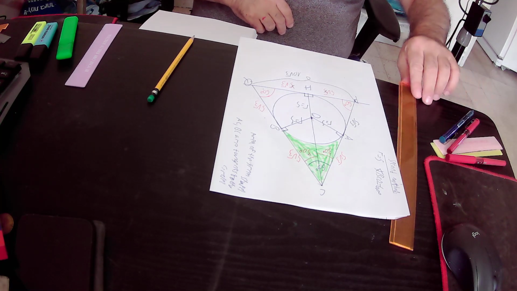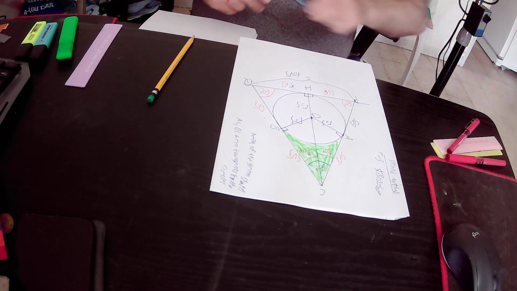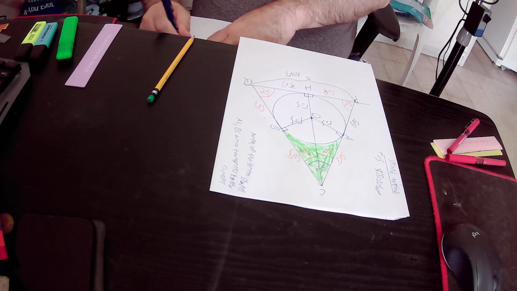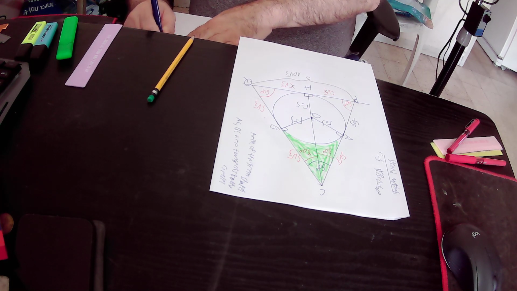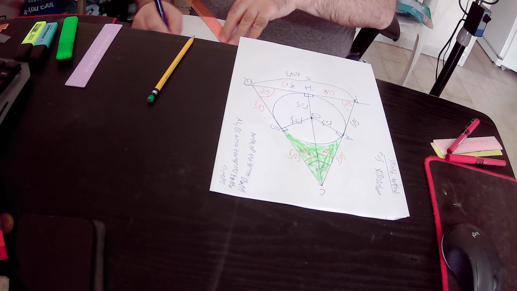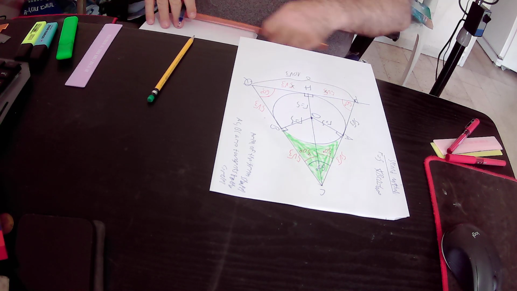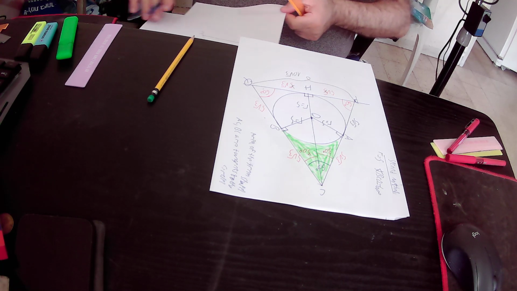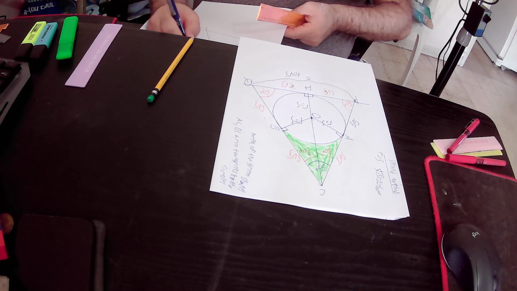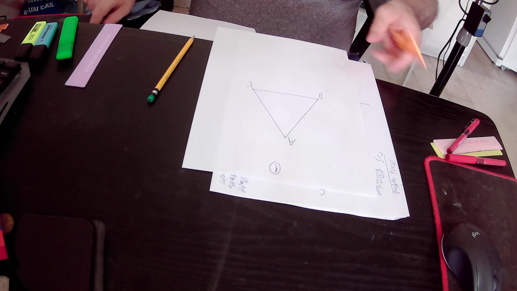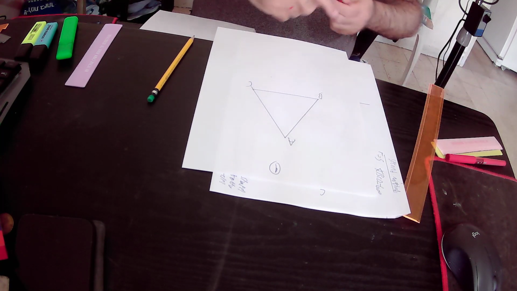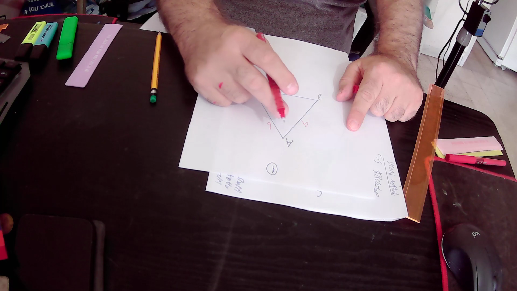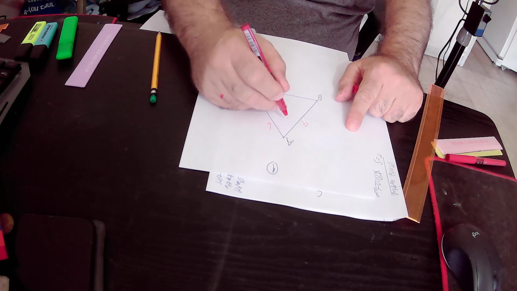If we have any triangle, that is to say triangle ABC, that can be any triangle, and we know that the size of AB is A units and the size of AC is B units, and we also know that the angle between side AB and side AC is theta.